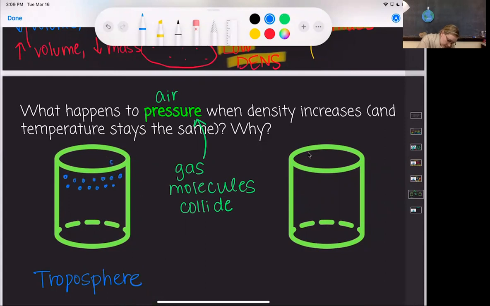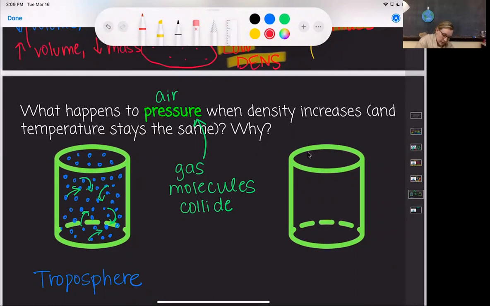So they're very, very, very tightly packed. We also know that these are still gas molecules, and gas molecules have a lot of energy. They're moving very quickly. They're bouncing off each other. They have a lot of energy and movement. So all of these pieces are constantly moving, colliding, creating pressure.